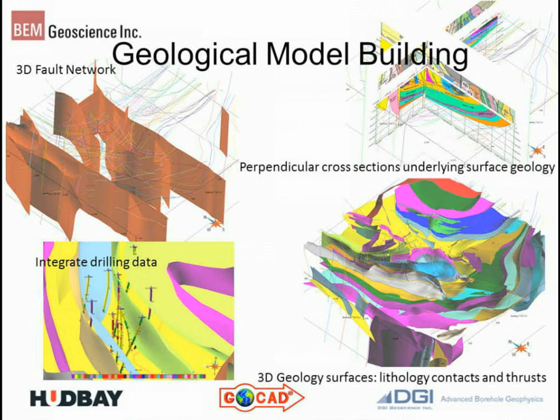So we had cross sections and fault modeling, and everything was adhered to the drilling information. And finally, we build a surface geological model that eventually is rendered into a 3D block geological model. So this says the 3D geology surfaces, lithology, convex, and thrust. So the thrust, the controversial thrust, is included in the model.